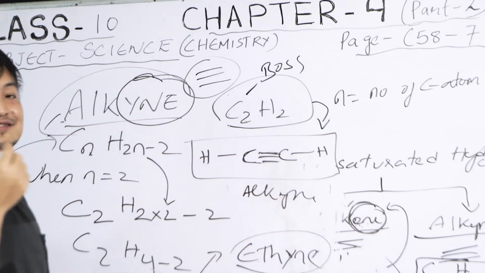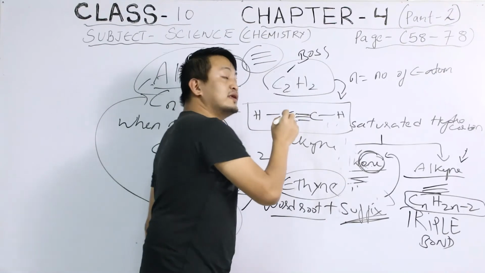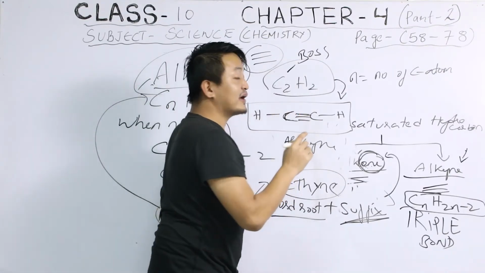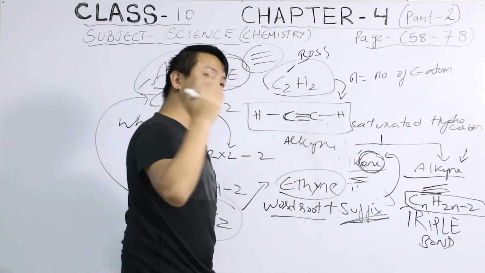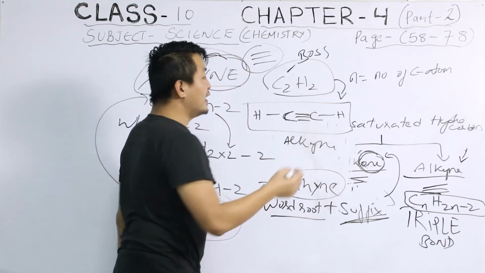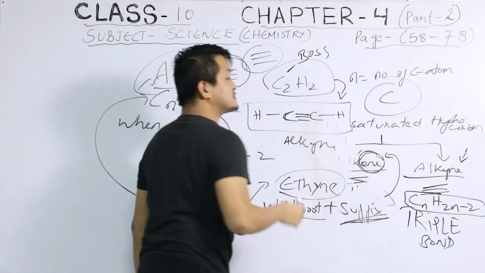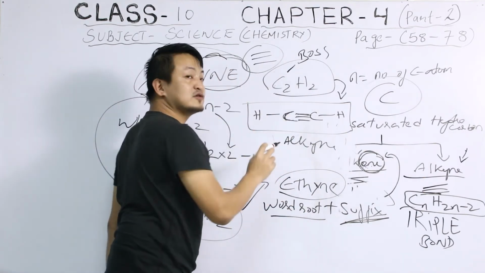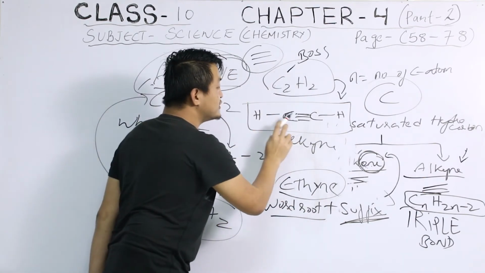And what does the rule say? This carbon has to be surrounded by 4 bonds, irrespective of whether it is a double bond, single bond or triple bond. So let's count: 1, 2, 3, 4.